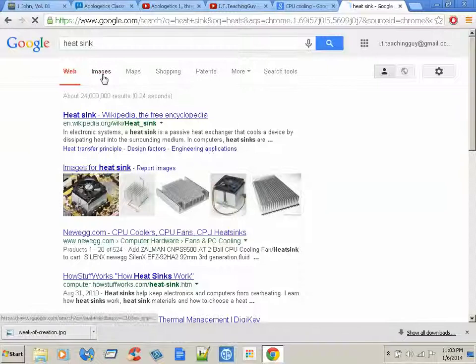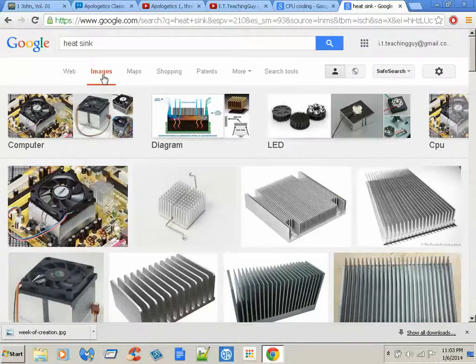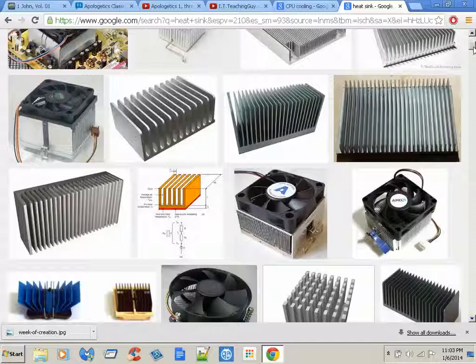And see, when you're learning something, these are one of the best ways to check things out. If you can't actually physically hold the heatsink in your hand, just check it out online. There's many different types of heat sinks, and they go right on top of the CPU, and sometimes there's a fan installed on top of the heatsink as well for additional cooling.